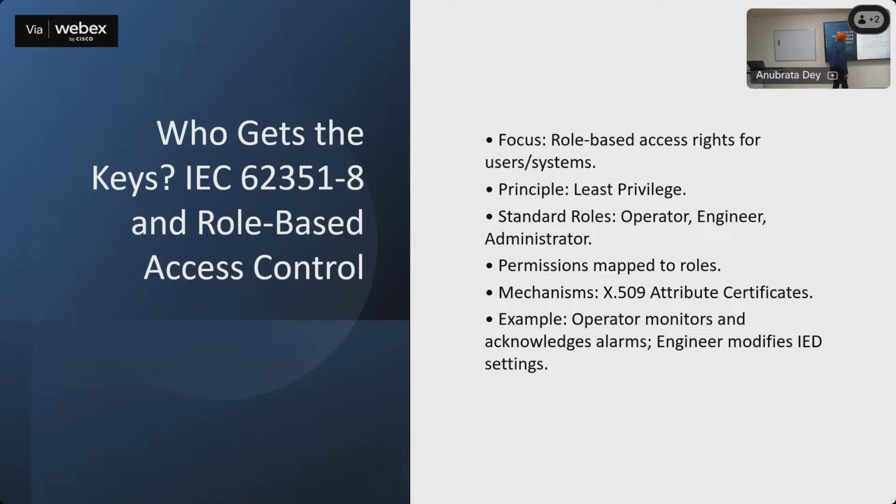Okay, and obviously they use the mechanism for this, the certificate. We already talked about it. They use the digital certificate. So let's say I have a permission to open a particular breaker.